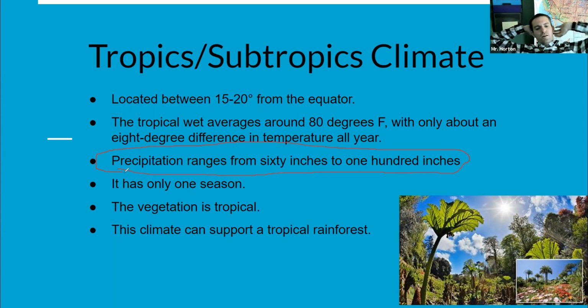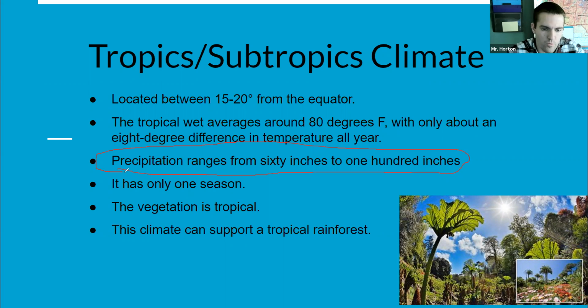We're getting closer to the equator now with warmer temperatures, located between 15 and 20 degrees from the equator. They get a lot of rain, but they stay around 80 degrees all year round.